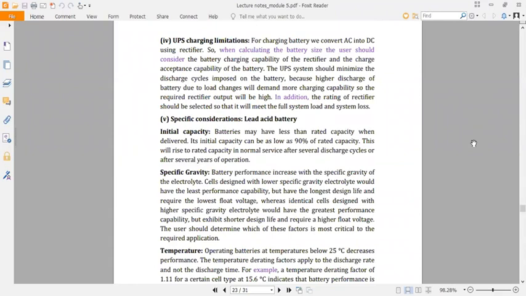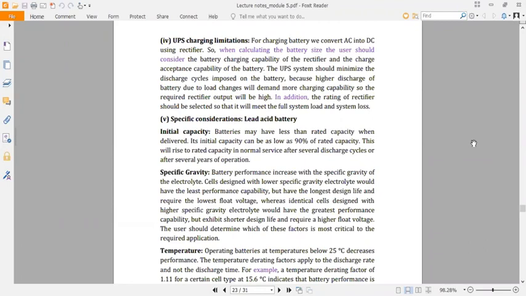The next point that we should take into consideration while selecting the size of the battery is the UPS charging limitation. UPS charging limitation means what? For charging of the battery, as I told, we need to convert the AC input power into DC.